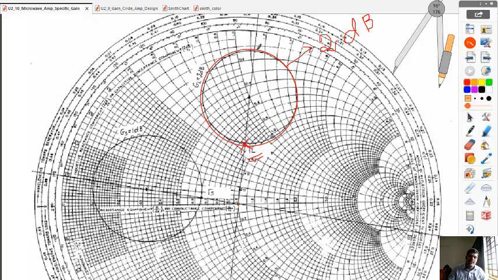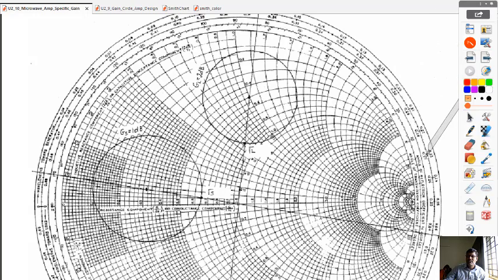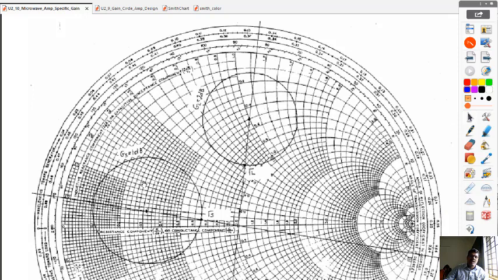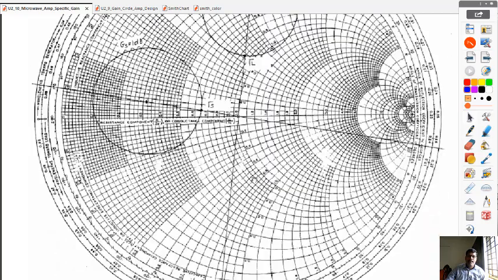Therefore, in order to avoid those, we can choose the gamma L value which is very close to the middle of the chart. So here we have chosen this point as our gamma L. Once we did these things, these are the two circles, one constant gain circle at the source, another one at the load.